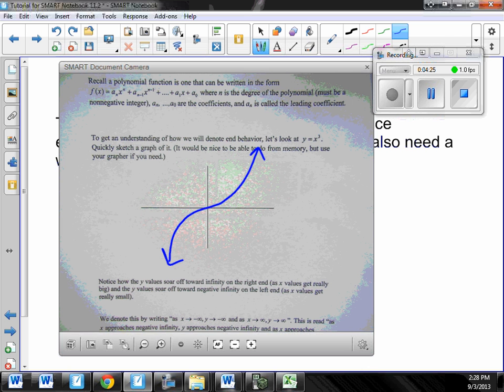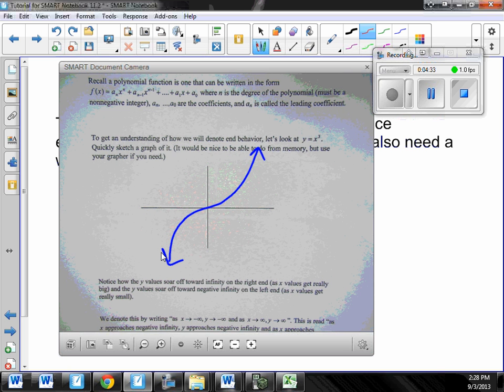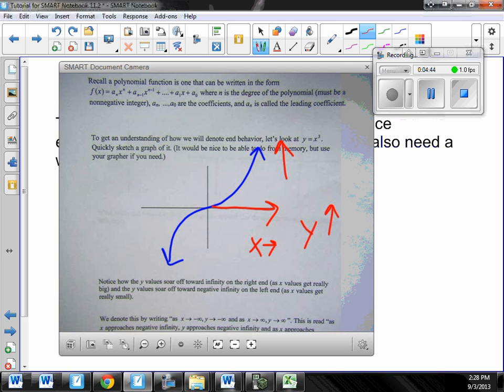You'll notice as we move to the right, so as we go to the right, the graph goes up. So as my x's move to the right, my y values move up. And we write that in this form, and it's a little bit strange.